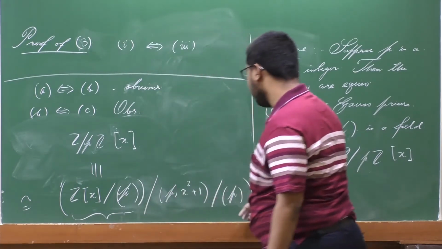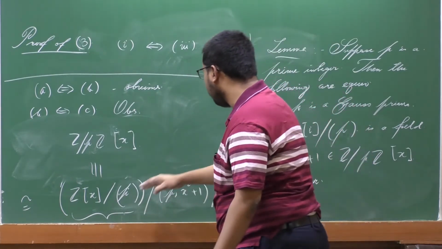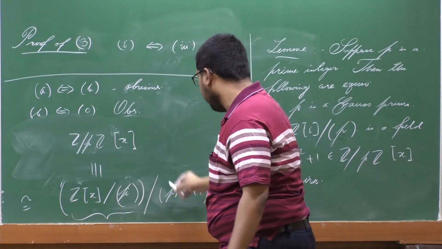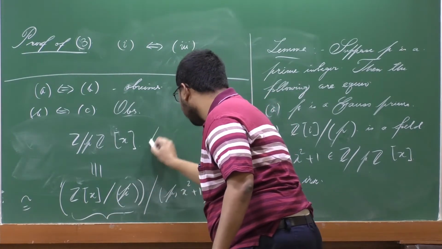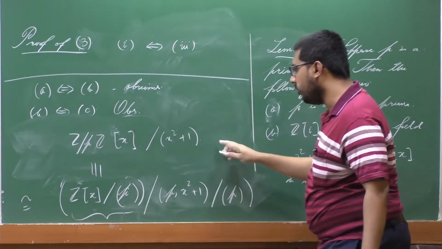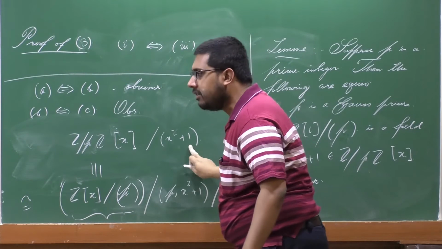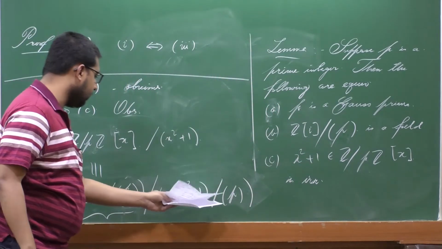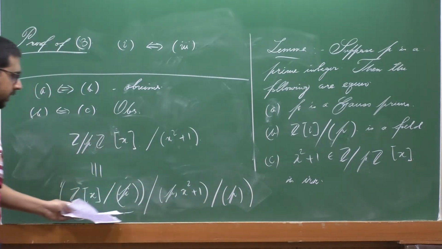So therefore this quotient is going to be a field if and only if the ideal generated by x square plus 1 inside Z modulo pZ x is a maximal ideal or not. I repeat that our concern was whether this is a field or not.